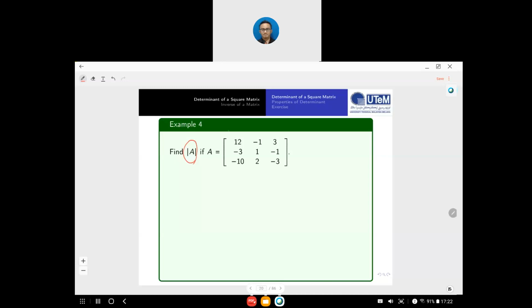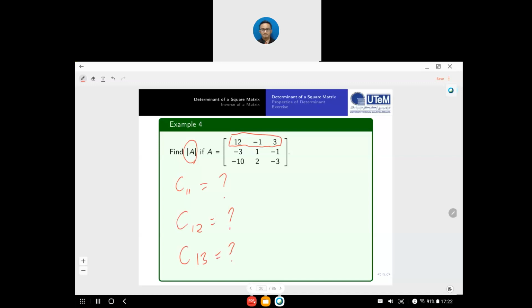For example, I choose the first row to find the cofactor, which is 12, negative 1, and 3. So 12 belongs to cofactor C11, and then you need to find cofactor C12, and then cofactor C13.